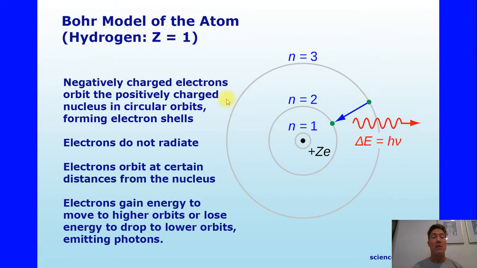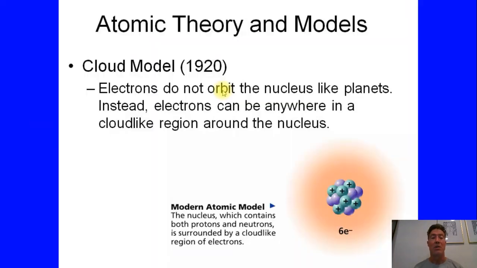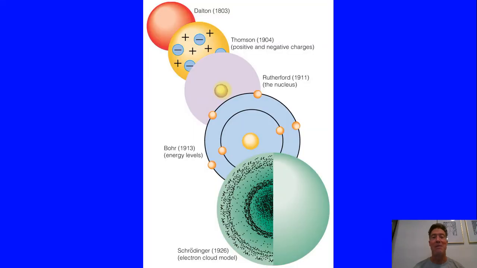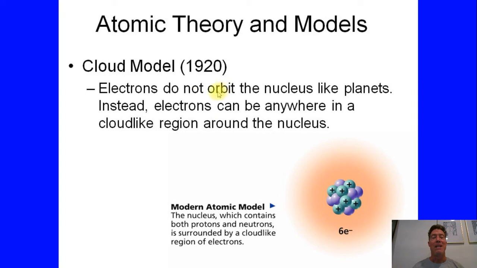But it was superseded by the cloud model, or the quantum mechanical model of the atom. And in this idea, the cloud model, the electrons don't orbit the nucleus like planets. They can be found anywhere in a cloud-like region, what we call a probability region around the nucleus.